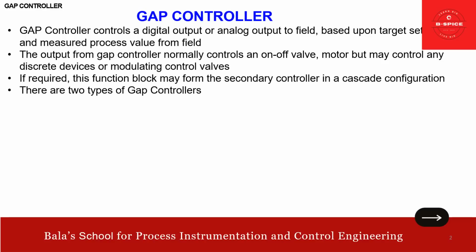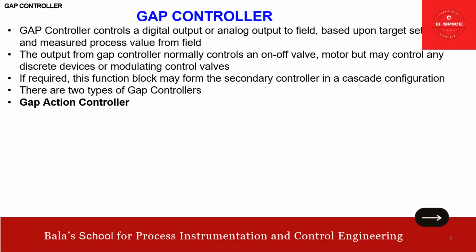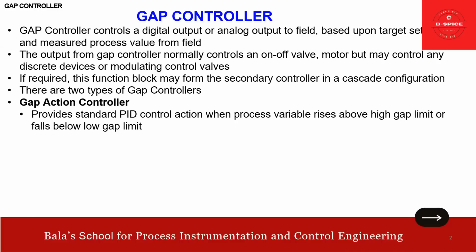There are two types of gap controller. One is the gap action controller, and the other is the differential gap controller. So what is this gap action controller? Very simple. It provides standard PID control action when the process variable rises above the high limit or falls below the low gap limit.